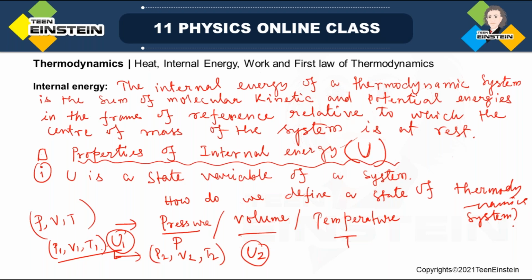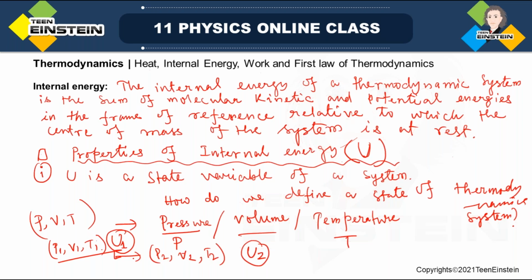U1 is the internal energy associated with the system when the state of the system is specified by P1, V1, and T1. And the internal energy U2 is associated with the state specified by pressure P2, volume V2, and temperature T2.